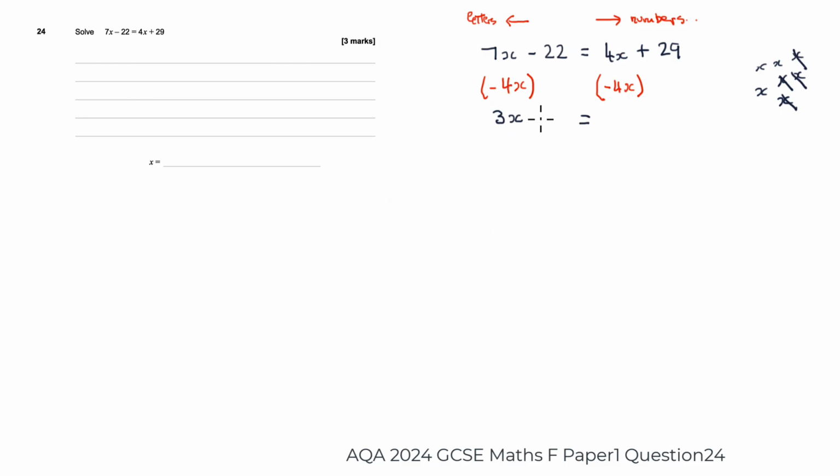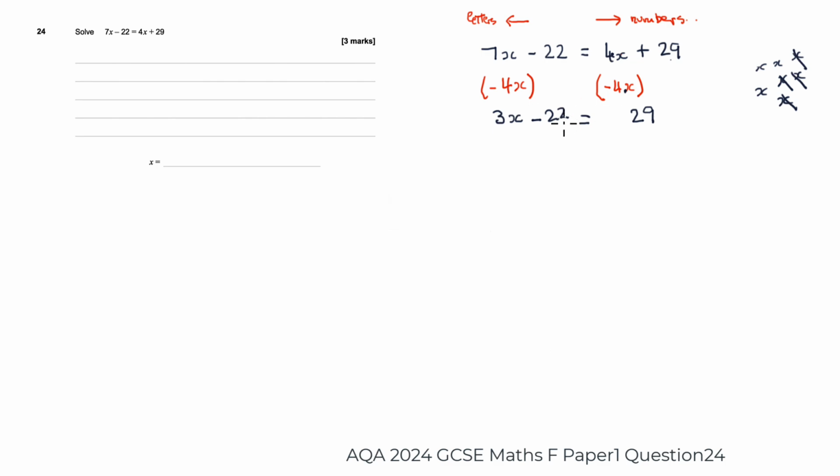We haven't touched this subtract 22. Now, there's 4 x's. We take them all away, we've no x's left, but we haven't touched that 29. So we've still got 29 there. So it's looking slightly better. Remember, letters have to go on the left. Well, there's 3 lots of x, so they're on the left. There's no more letters anywhere else.